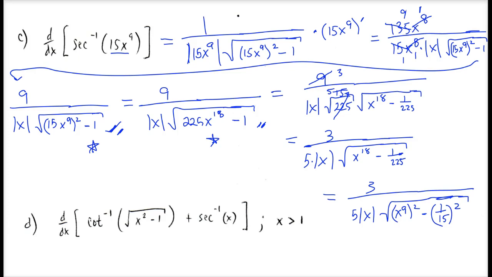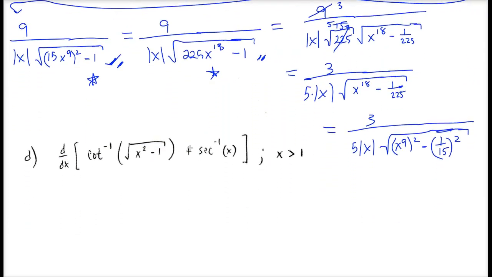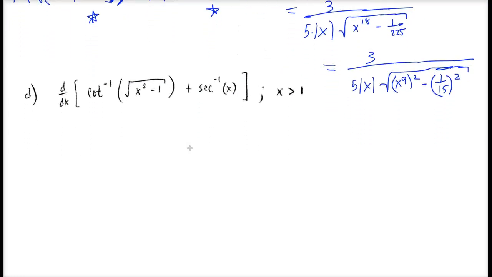All right, so let's move on to example D here. We're asked to calculate the derivative of cotangent inverse of square root of x squared minus 1 plus secant inverse of x.